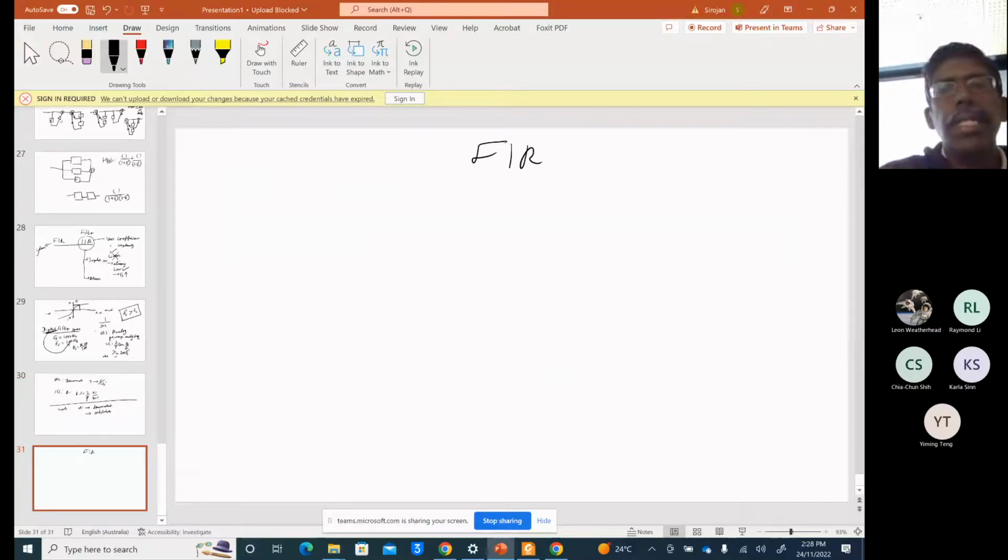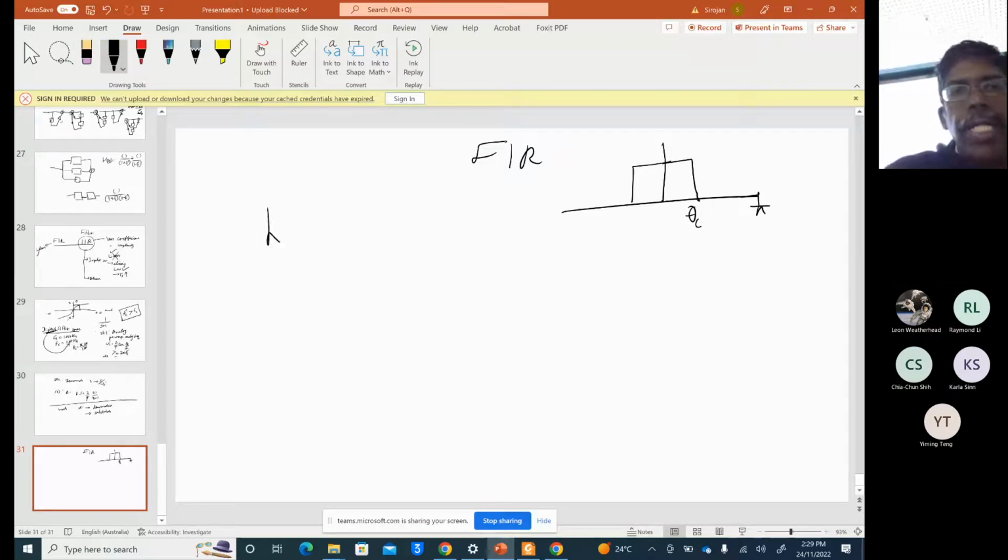So what we do is, if you are given a simple magnitude spectrum like this, where this is theta c and this is pi, then you take the inverse Fourier transform and find h(n). So how do you find the inverse Fourier transform?